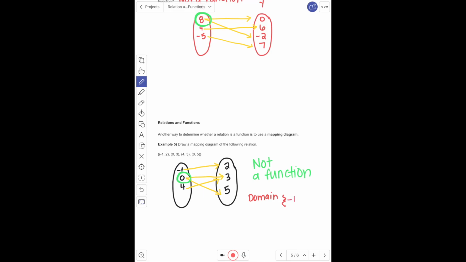So we're going to go -1, and we're going to list 0 twice because that's part of the domain, and 4. For my range, again, we're going to do a set bracket. So we're going to do the y values now. So least to greatest, we have 2, we have 3 twice, and we have 5.